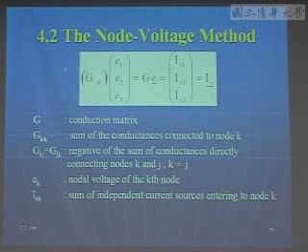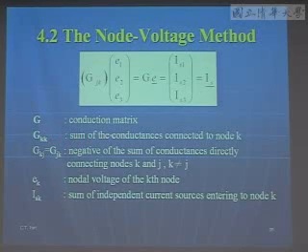You can see here is a square matrix. First, we will consider the diagonal terms. For the diagonal terms, in fact, they are the sum of the conductances connected to that node.